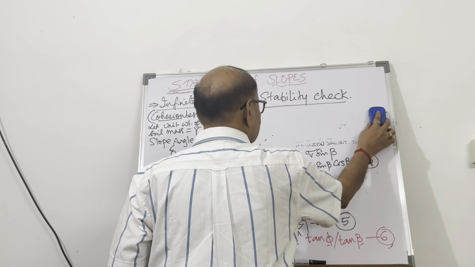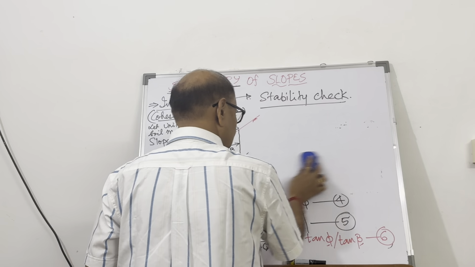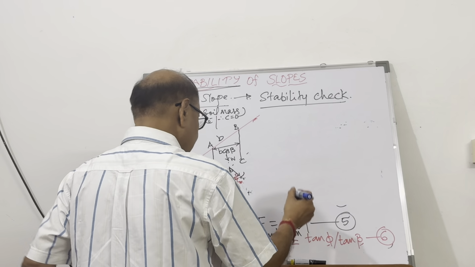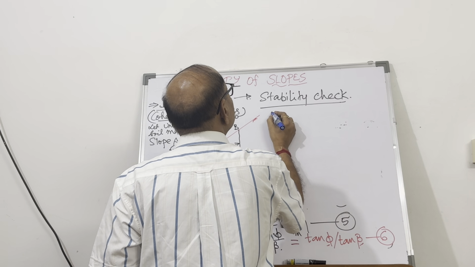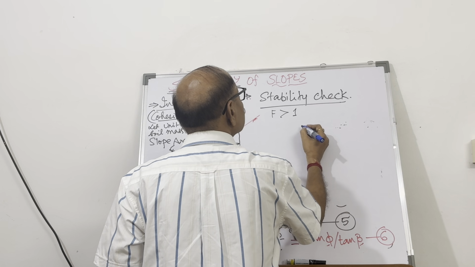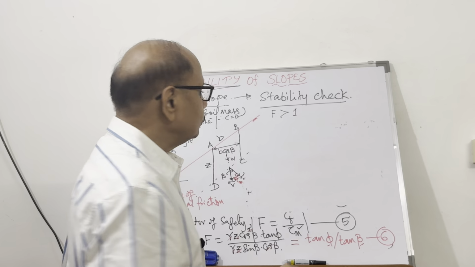So stability checks, very simple. We can say that for a stable slope, factor of safety must be greater than 1, should be more than 1.2.